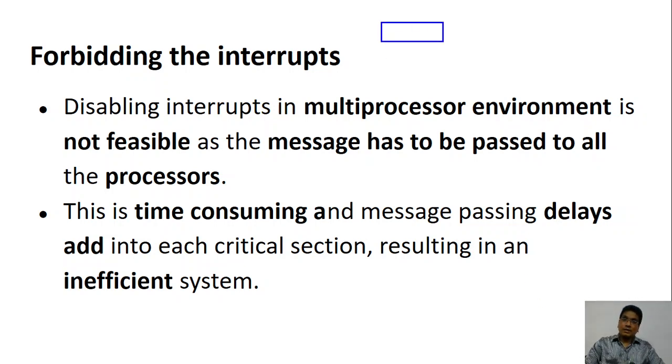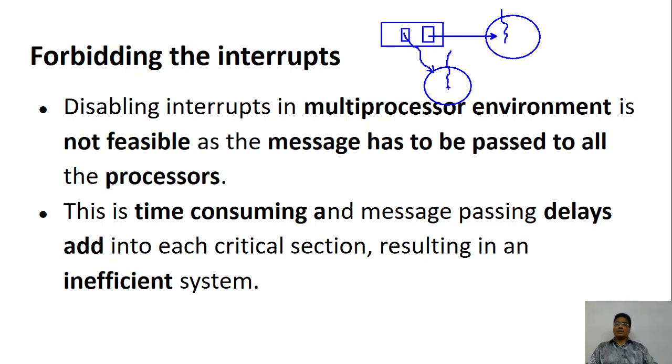Suppose you have one process here, and there is one CPU, and this process is performing the critical section. You may ask what will happen if you have another process. Let's assume that this one process is given to the CPU and it is doing something. What is the problem?